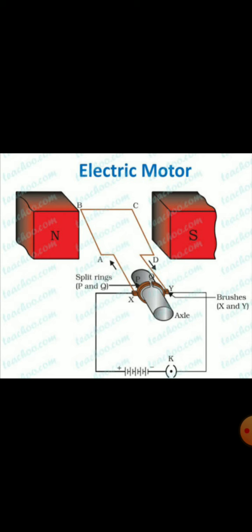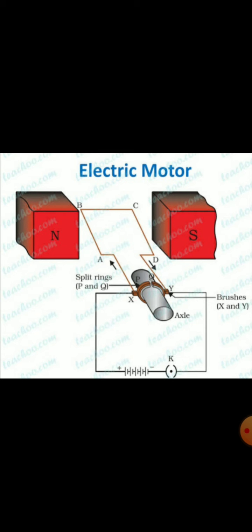Now let us see other components. The third component is a split ring. Now look at the figure carefully and see P and Q. Where are the points P and Q? That is a split ring, right?